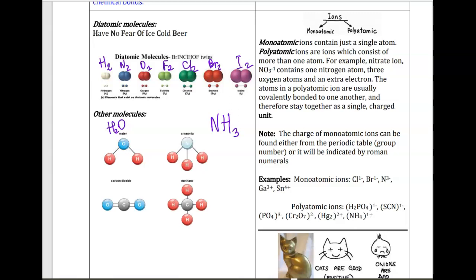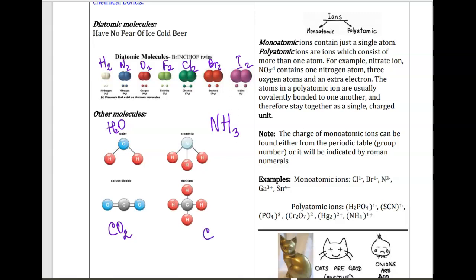For carbon dioxide, this is the gas which we breathe out. I mean, when we breathe in oxygen and breathe out carbon dioxide. So its formula will be CO2. One carbon, I will not need to put any one here, and O2 means two oxygen. And methane, it's a gas which we use for cooking in our kitchen, let's say.